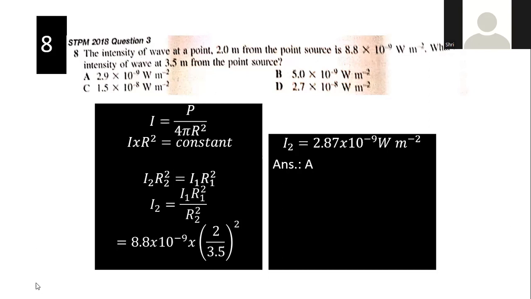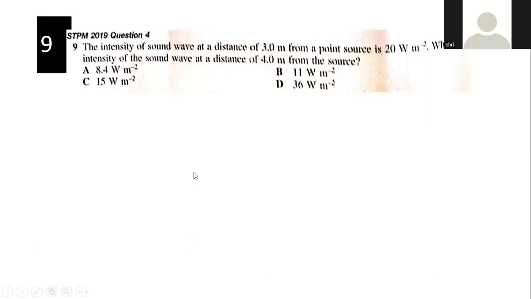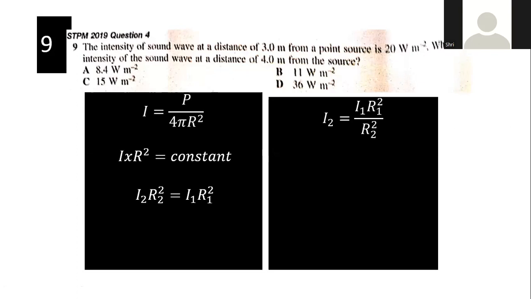Intensity of sound at a distance of 3 meters. Right? Almost the same thing, almost the same way of doing things. What's the answer? Right? Same as previously. Okay, good.